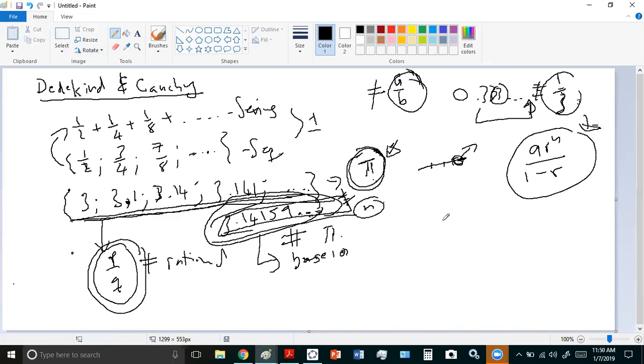And there's another theorem that I showed you earlier, which says that if the denominator does not have prime factors that are 2 or 5 or both, then it cannot be measured in base 10, okay?